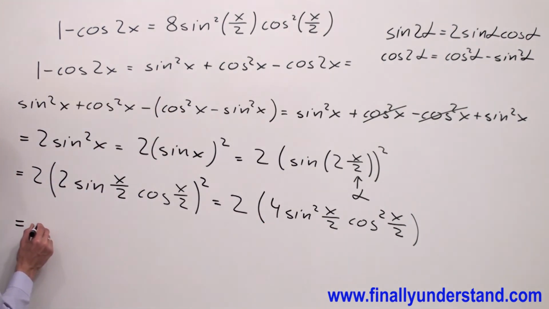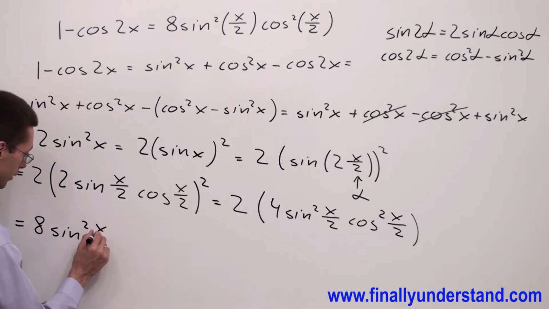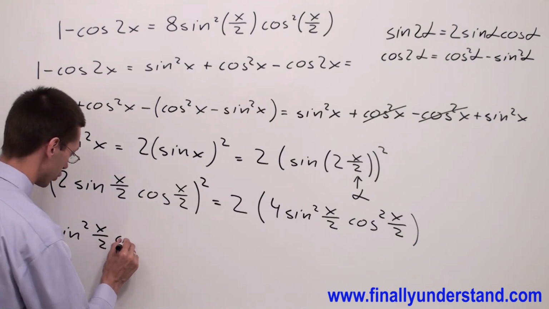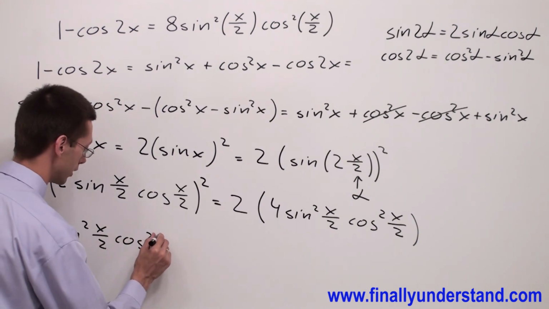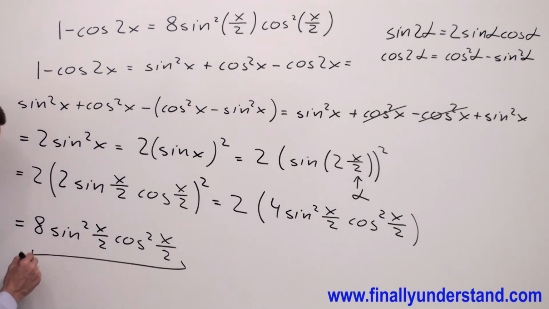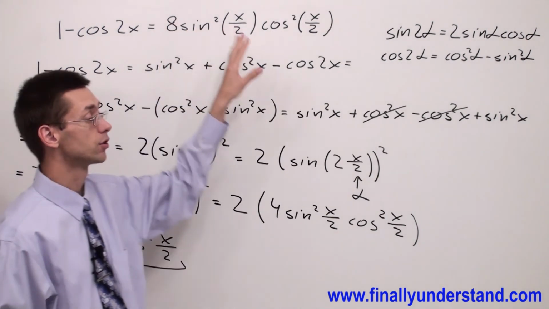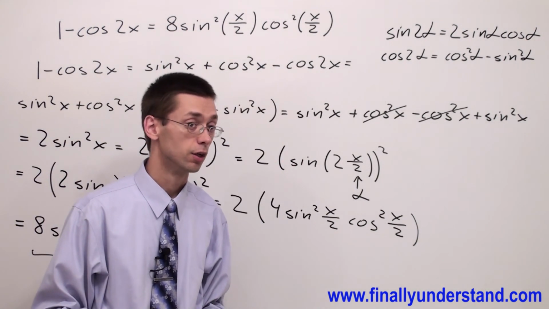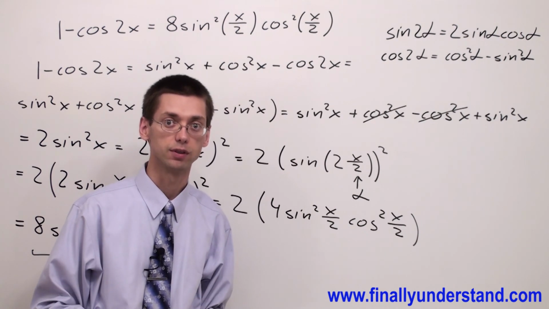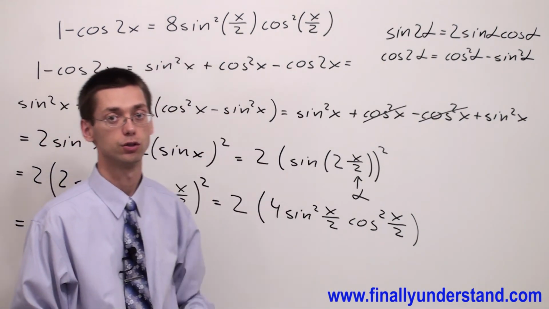And we have 8 sine square x over 2 times cosine square x over 2. Let's take a look at what we have got. We have an expression which is exactly the same as the right side of my identity. So it means that we proved that the left side of my identity is equal to the right side.